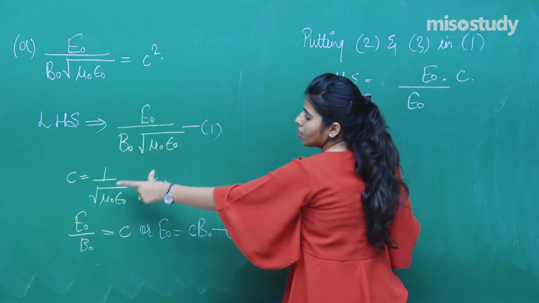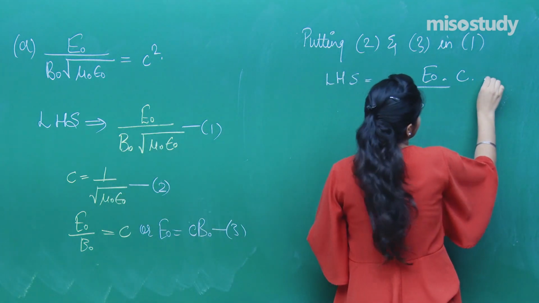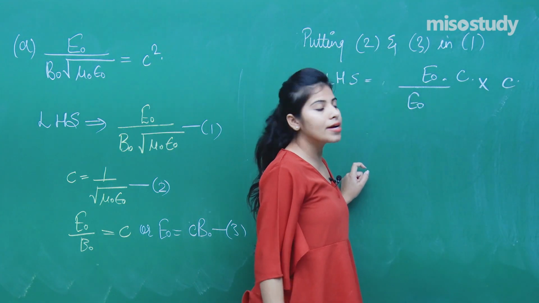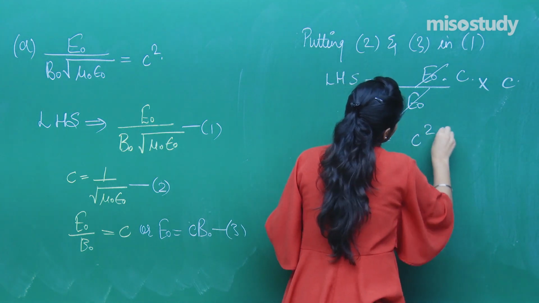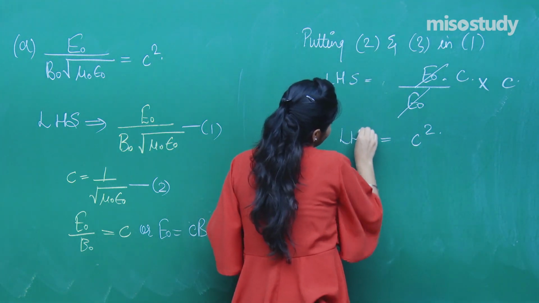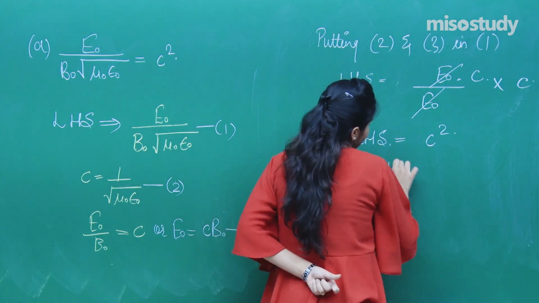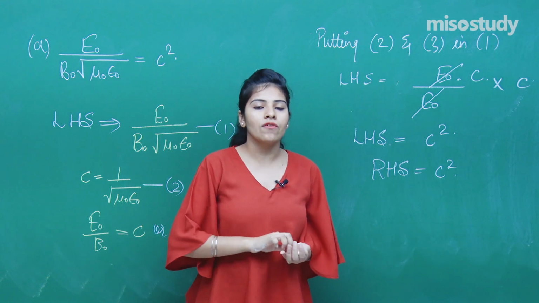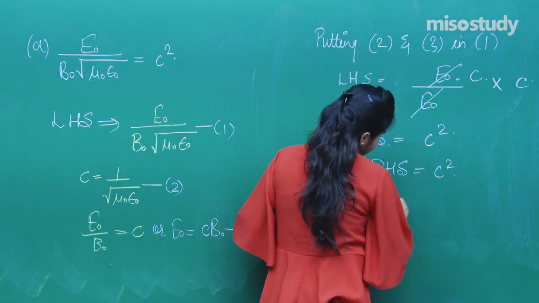Now since 1 upon mu naught epsilon naught is nothing but C square, in place of 1 upon mu naught epsilon naught, I am going to write C square. So these are cancelled, and we are left with C square. That means left hand side is equal to C square, and the right hand side is also C square. So now we have shown that left hand side equals right hand side.